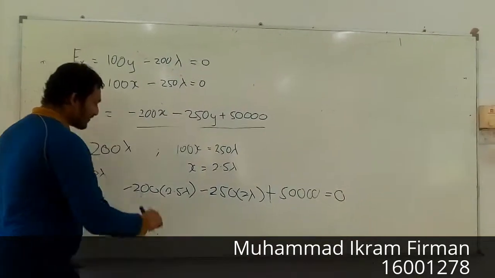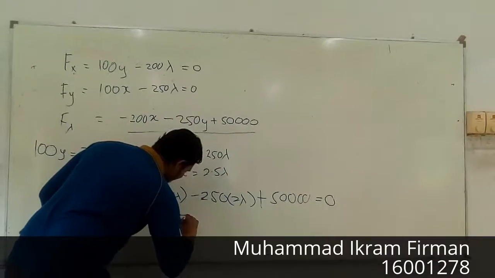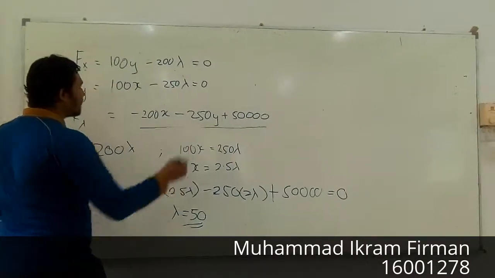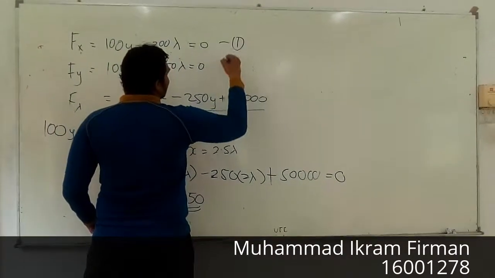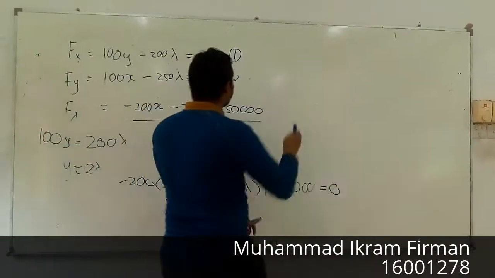We can solve for lambda from here. Lambda will be equal to 50, and we take this lambda value and substitute it into equations 1 and 2 to get the values of x and y.